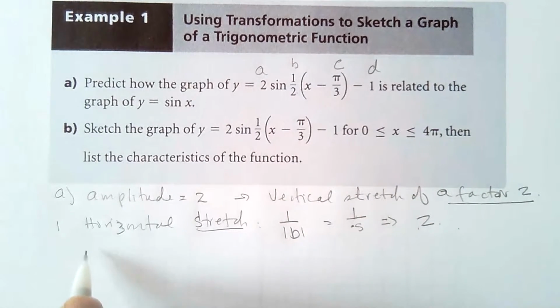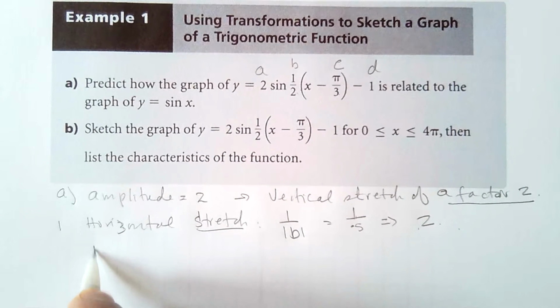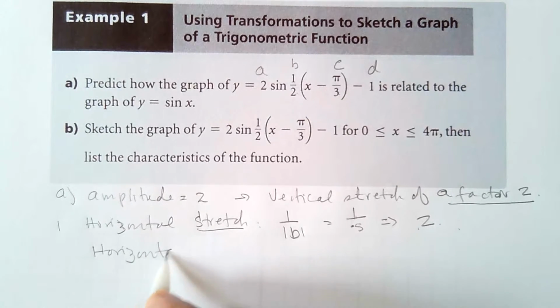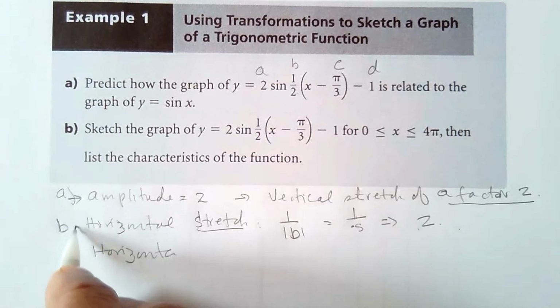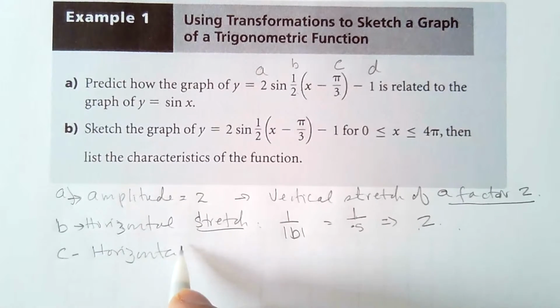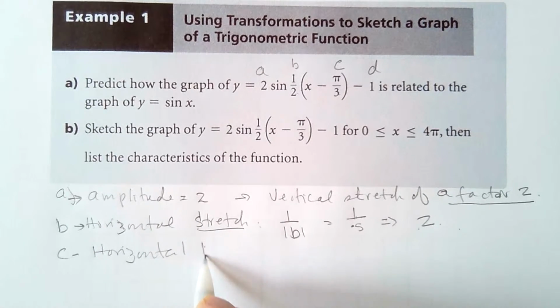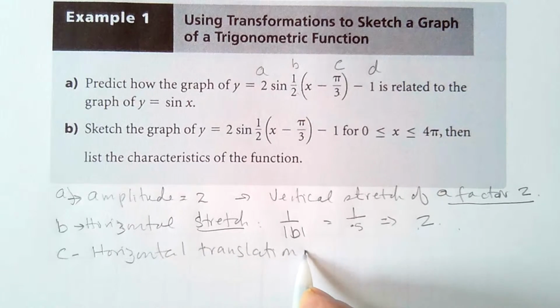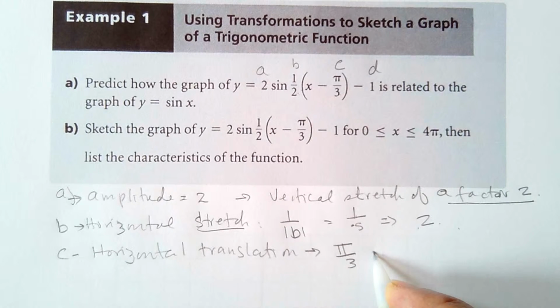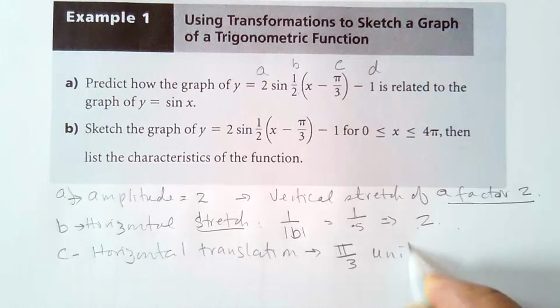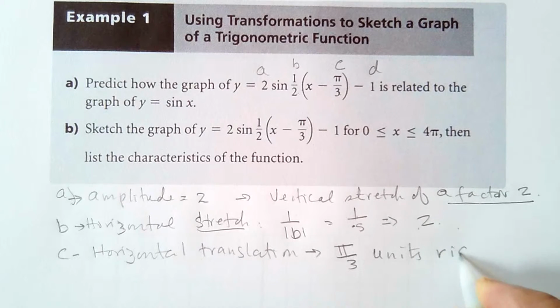Then we have C. We have A is our amplitude, B, and now C is our horizontal translation, pi over 3 units right.